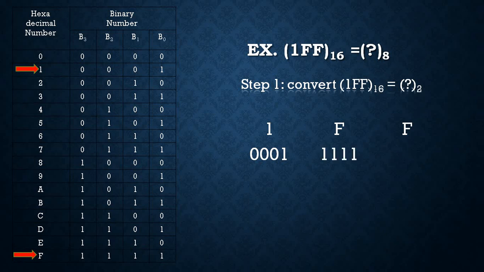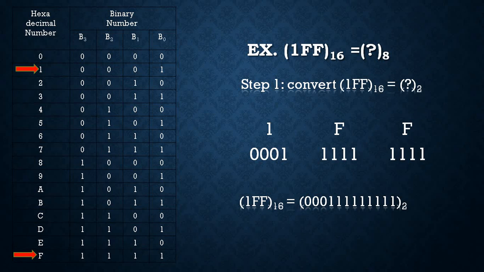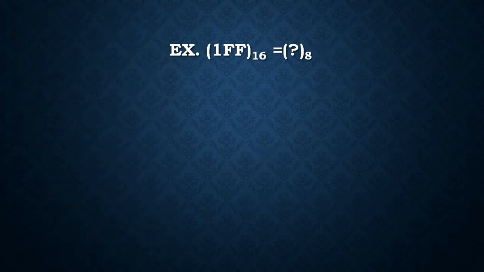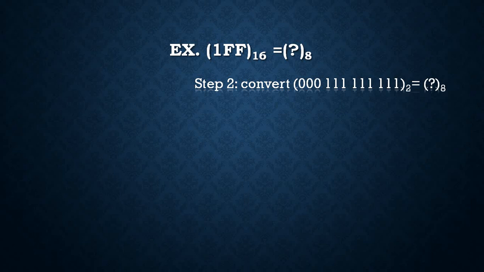And for the other F we get 1111. Now we combine these to form a single binary number as 0001 1111 1111 to the base 2. In the second step again we have to convert this binary number into the octal number system.